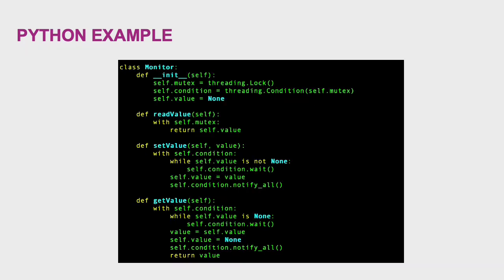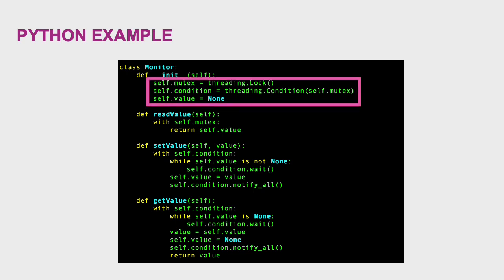This is the monitor class. It is an ordinary Python class, so nothing special. And it's important for us to understand the attributes of this class. We have a mutex, we have a condition variable, and we have the resource. The value attribute represents the variable we manage, the resource that all the threads need to access.